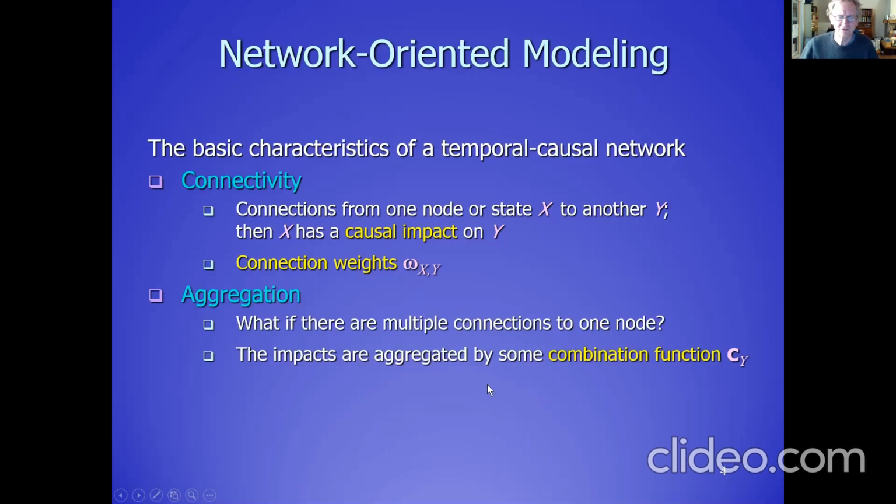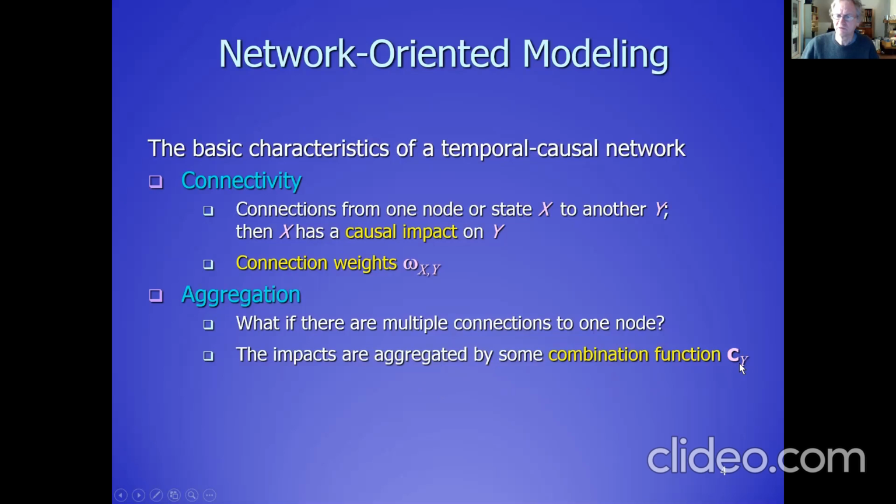That is actually not really true, because if you don't specify how you use multiple connections to one node, how you combine them into one aggregated impact on that node, then the network is unspecified. So therefore, aggregation is another important type of characteristic, and that is specified by combination functions.